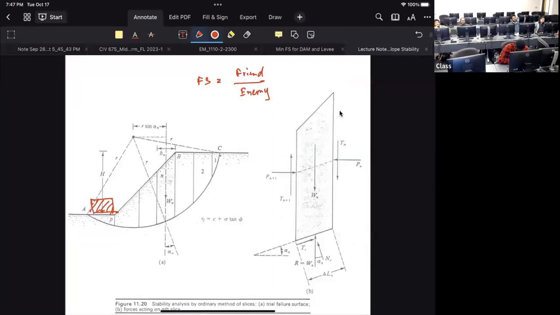You add some weight, whatever the thing you do. That helps, right? Weight, not support. Support is a different ballgame. If you add some weight at the toe, it will try to keep it from failing, right?